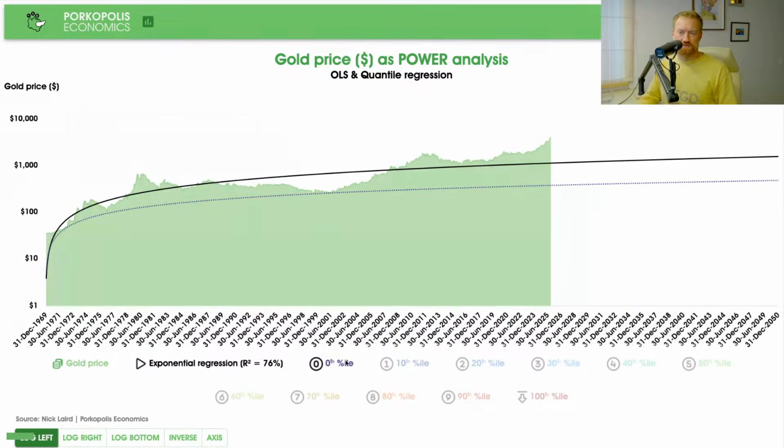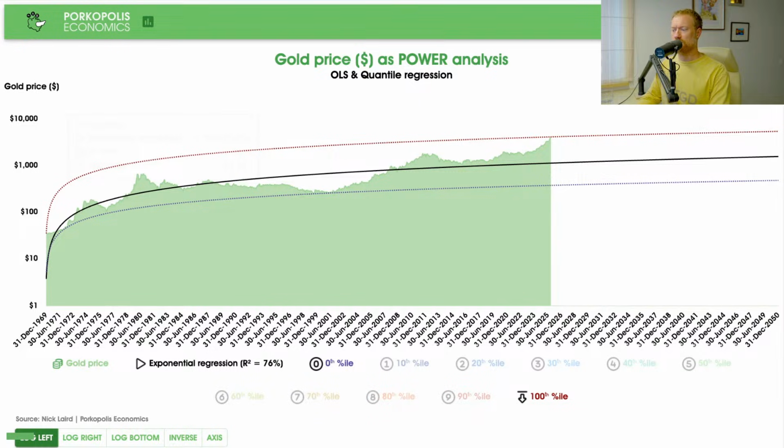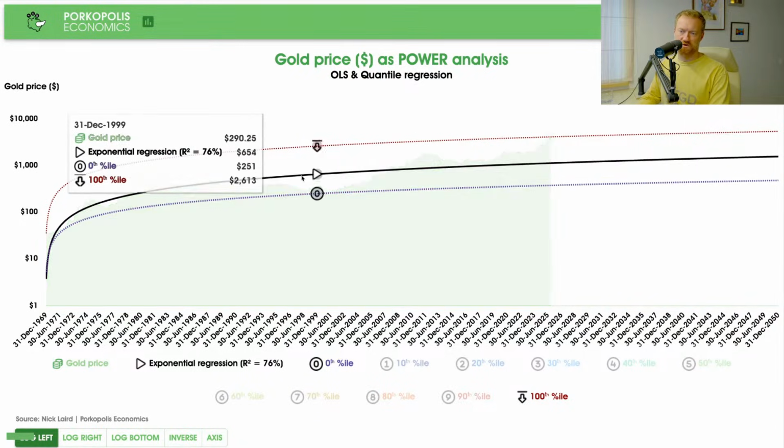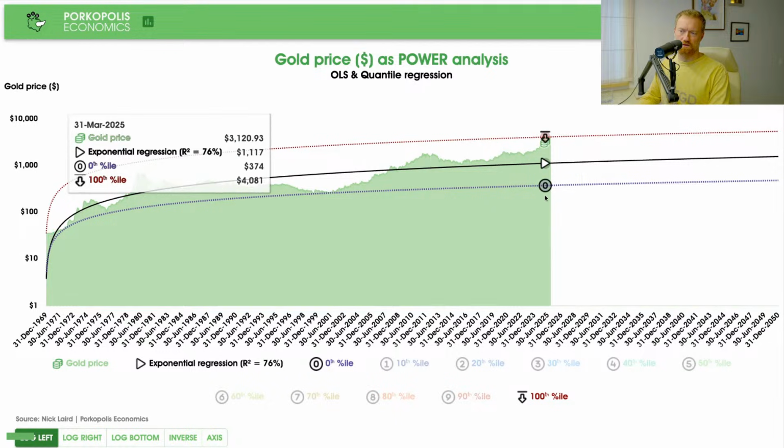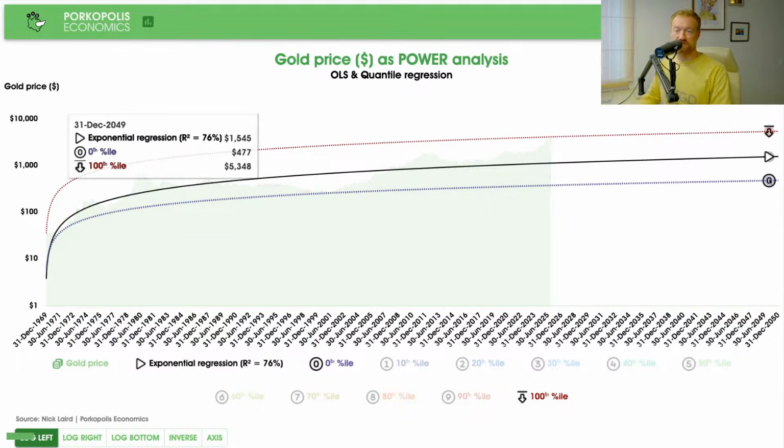Now let's start with the 0th and the 100th. All right, so you can catch them. You can make it work. Your predictions will be even worse, right?